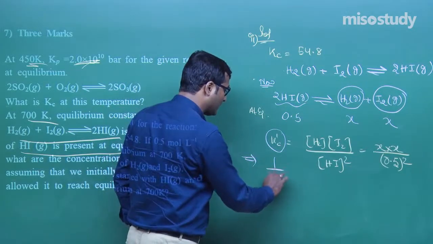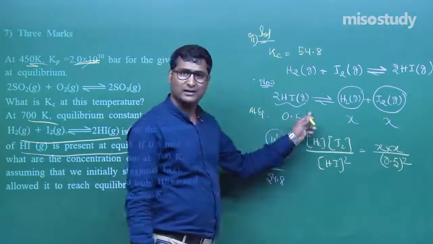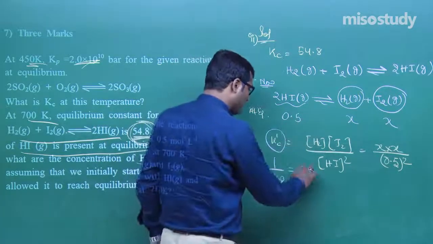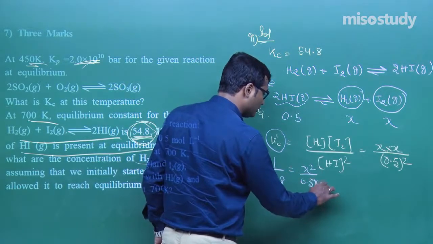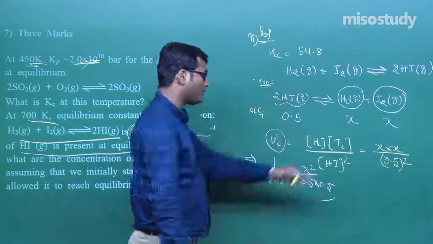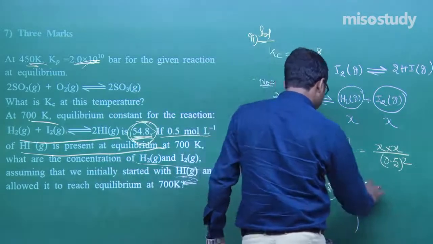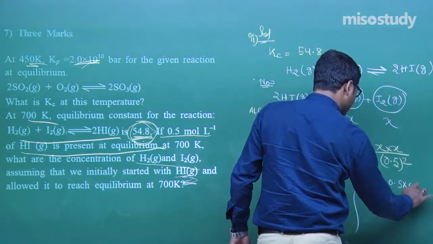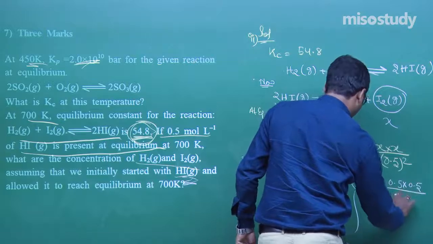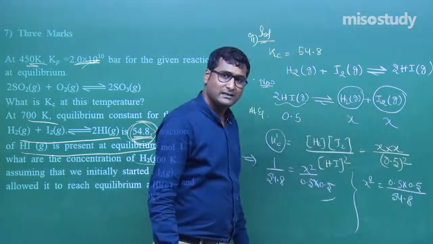Yes sir, 1 upon 54.8, because we are reversing the reaction. So X square upon 0.5 into 0.5, that is 0.5 square. Now we put X square is equal to 0.5 into 0.5 upon 54.8. Am I right?